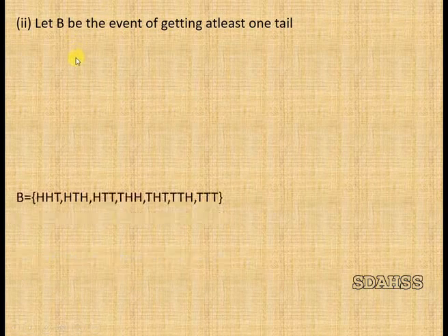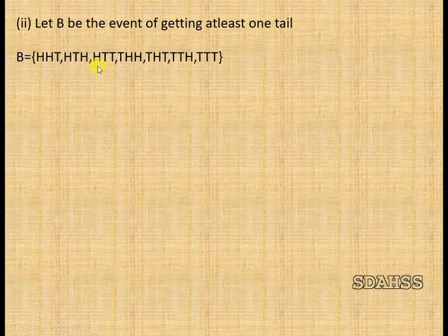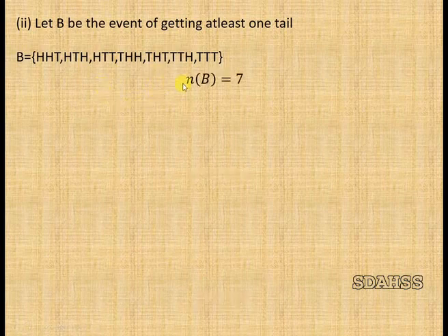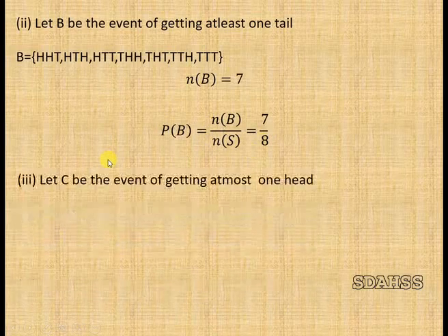So the outcomes are B is equal to one tail: HHT, THH, HTH; then two tails: HTT, THT, TTH; then three tails: TTT. Totally there are 7 outcomes. N of B is equal to 7. So P of B is equal to N of B by N of S, so 7 by 8.